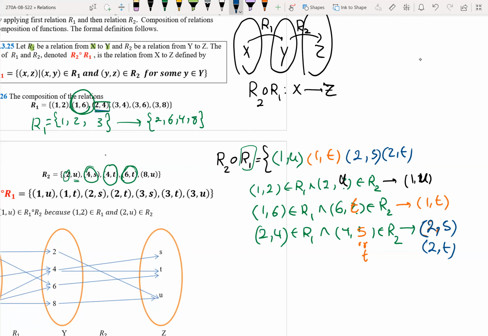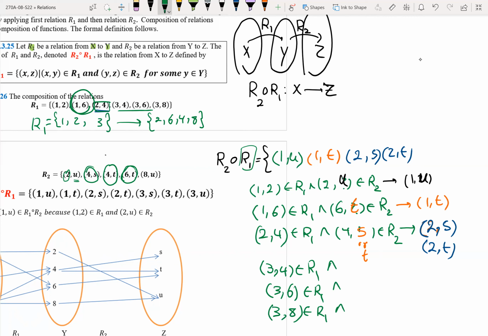Do you follow? One more time. You're having 3s, actually 3 times. We have to try all. 3 transfers to the 4 by relation number 1, 3 transfers to the 6 by relation number 1, 3 transfers to the 8 by relation number 1.